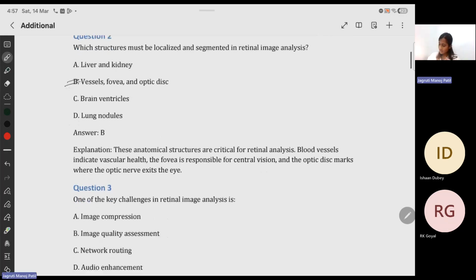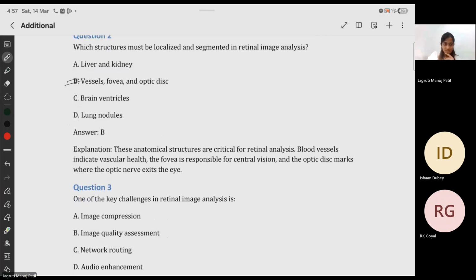Let's say D. One of the key challenges in retinal image analysis is what? Image compression. Yes, I do think so, but it's the quality of the image that you're looking at. These are the vessels that you're trying to differentiate, right?